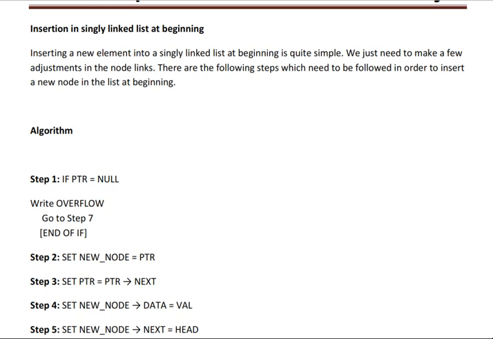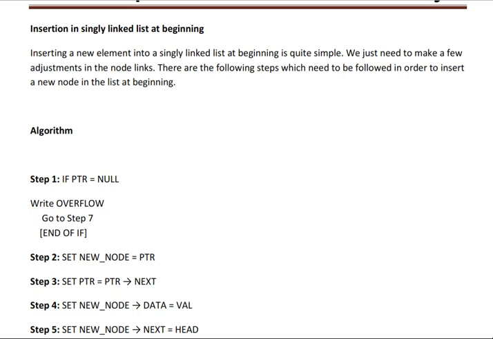Let's discuss the insertion in a singly linked list, at the beginning first. Here we can insert a node at the starting, meaning the beginning, at any specific location in between the linked list, and then at the end. So there are three ways we can insert a node in the linked list.